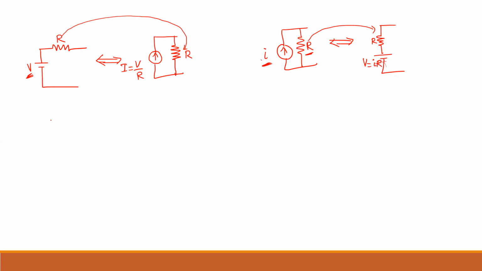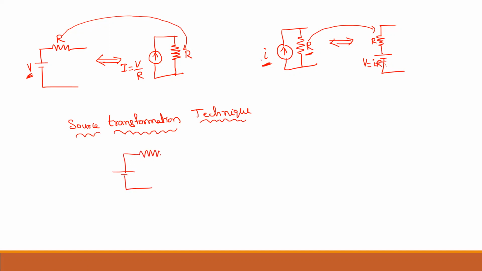Is it clear? Now, this conversion we will call the source transformation method, source transformation technique, or source conversion technique. In this source transformation technique, a voltage source with a series resistor you can convert into a current source with a parallel resistor.